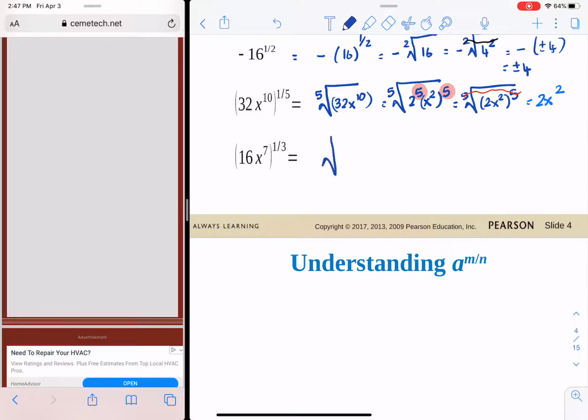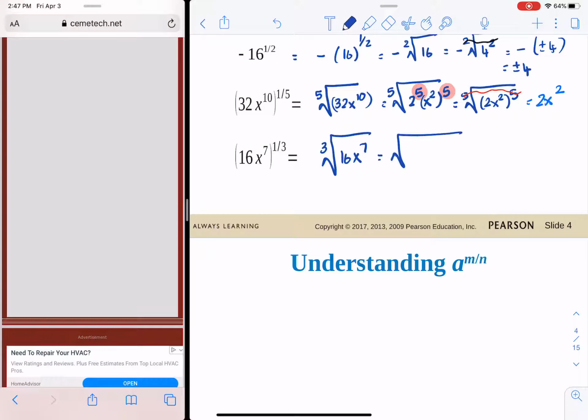So here we have the third root of 16 x raised to 7, and we can simplify this in some ways, but eventually we are going to end up with a radical in the answer. What do I mean by that?